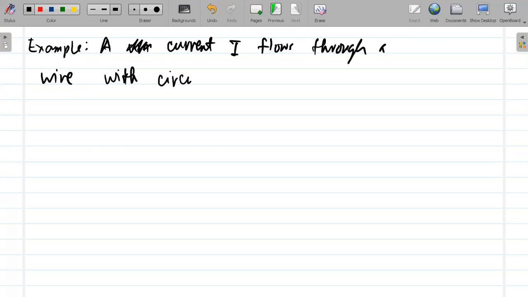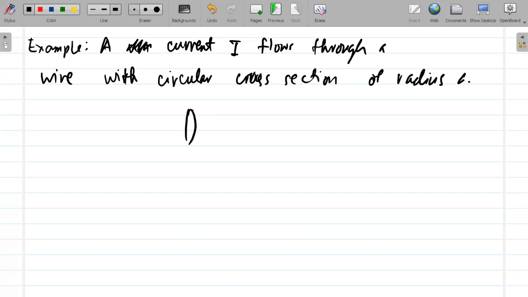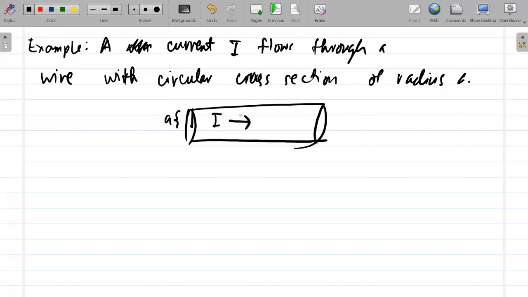So cylindrical wire to, cross section of radius A. So meron kang wire dyan, radius A. Then may I dito.